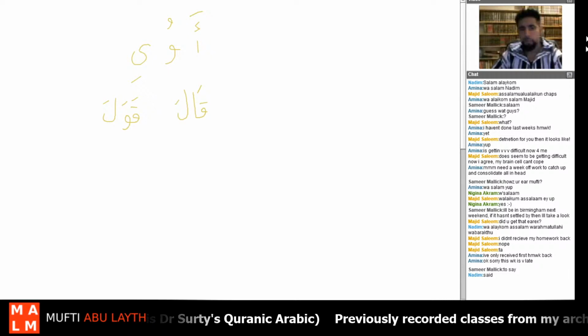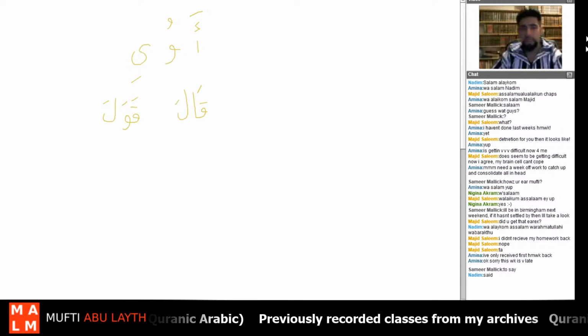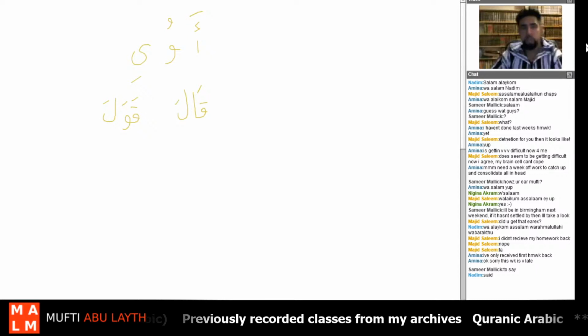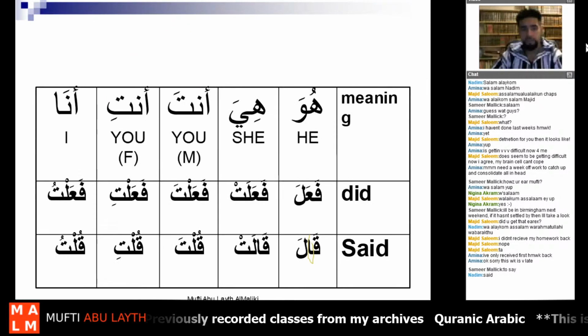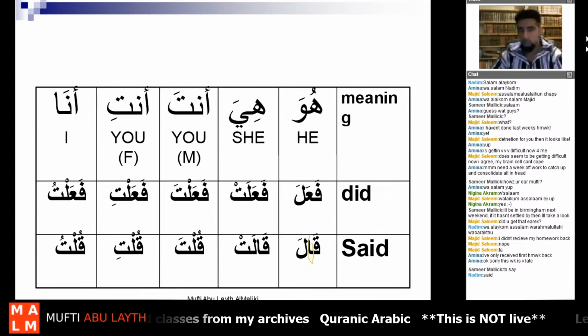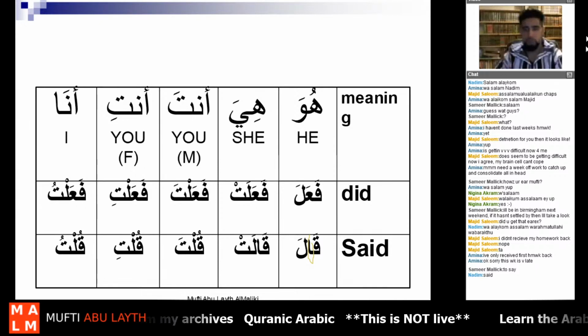Whichever letter was missing originally in the hollowness. So in qala, it was originally, let's say, qawala, it was a waw. So when we conjugate it, we add a dhamma here. And we did go over this in the previous lesson, that you can only add really two vowels.